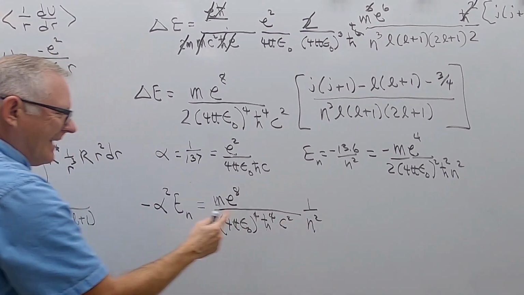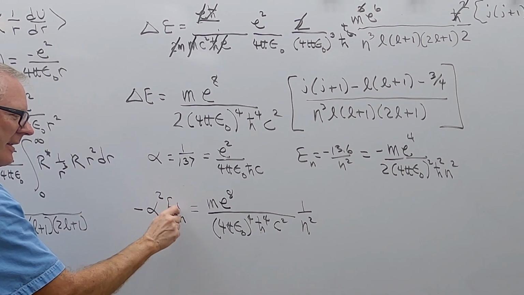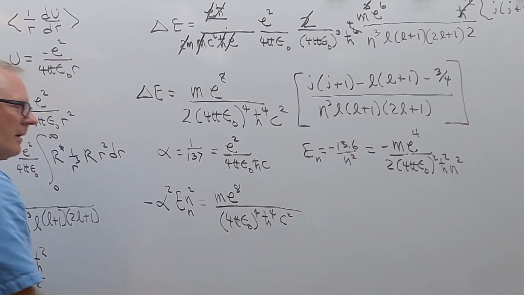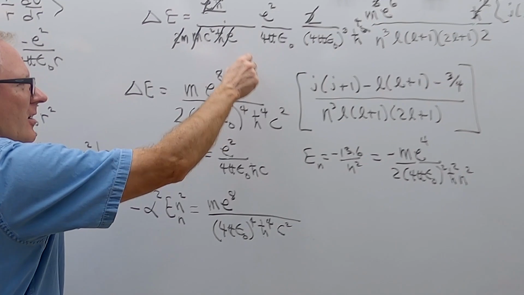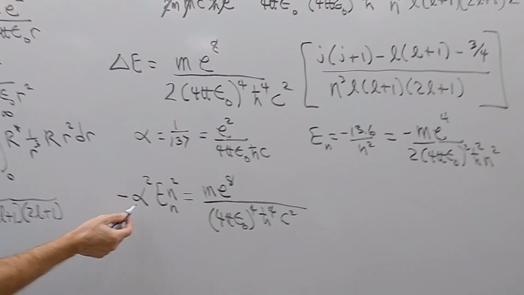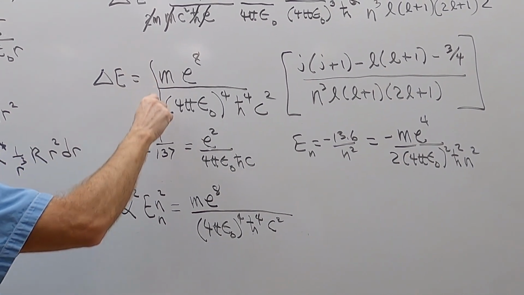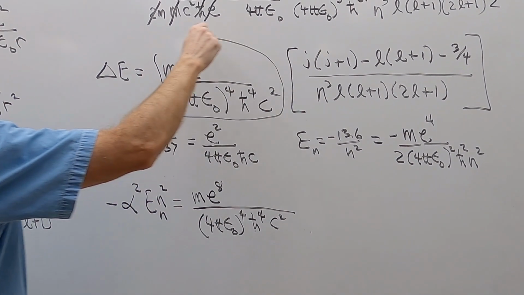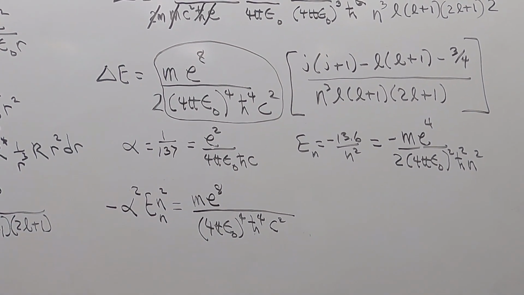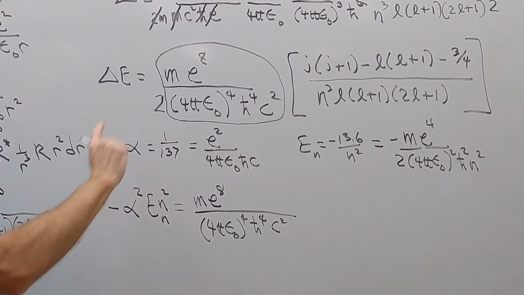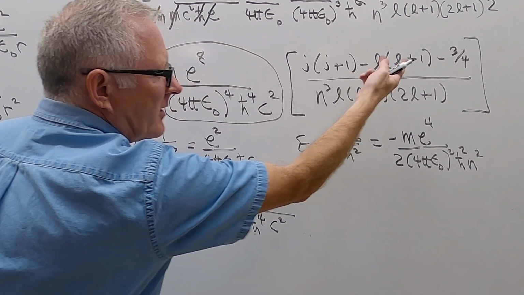So why don't I bring the n squared over here to this side, and replace all of this with this right here. And I'll carry the minus through and just flip this right here.